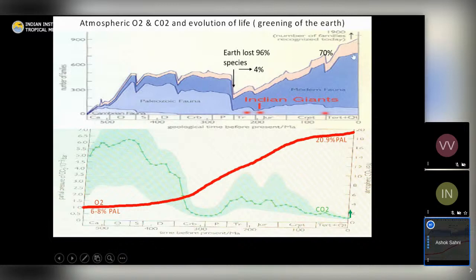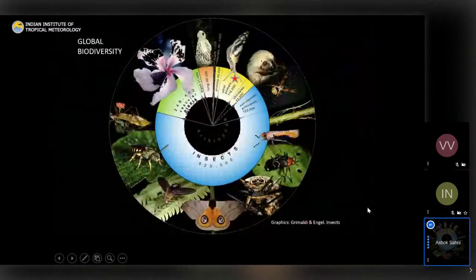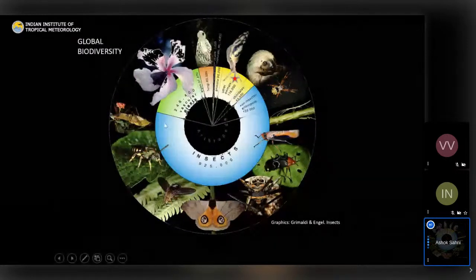Now I'd like to show you, and many of you may be surprised, the global biodiversity right now. If you look at the blue portion, mainly insects and arthropods.